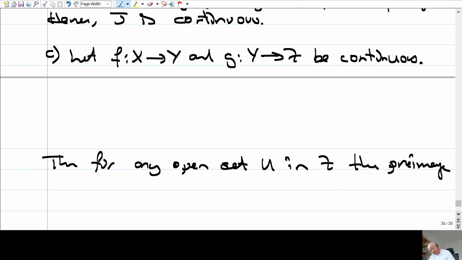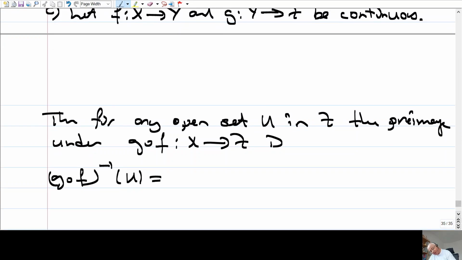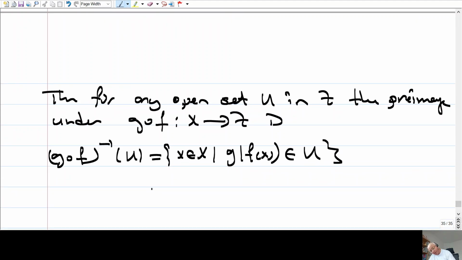So I look at what under G composition F, from X into Z, is G composition F inverse image of U. Well, that is the set of all x's in X such that G composition F of x is in U, right?